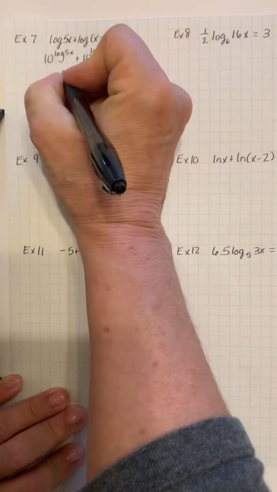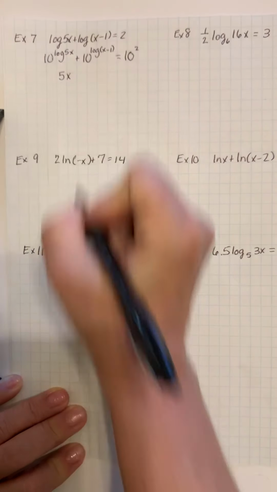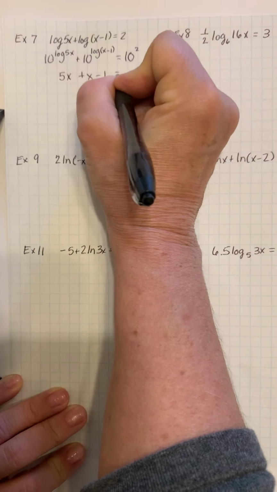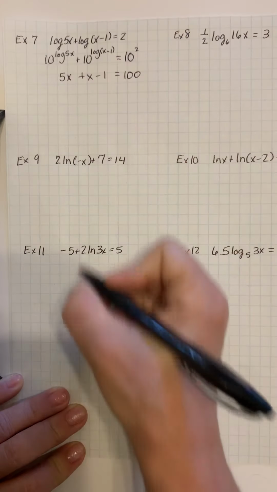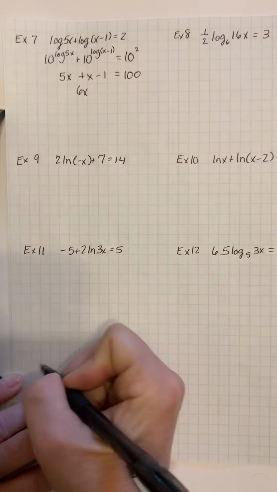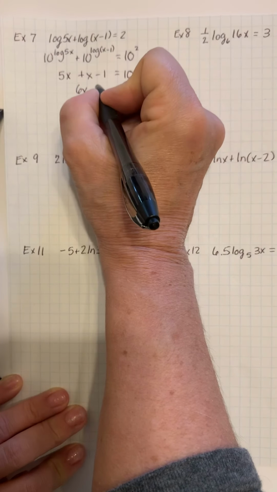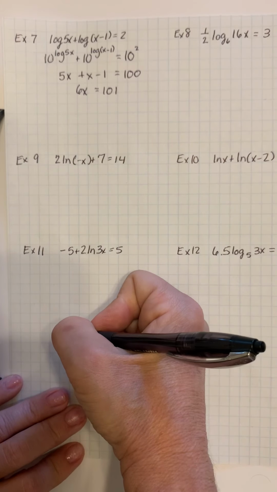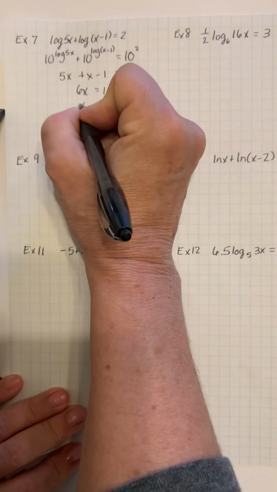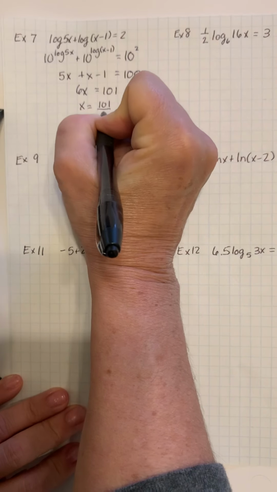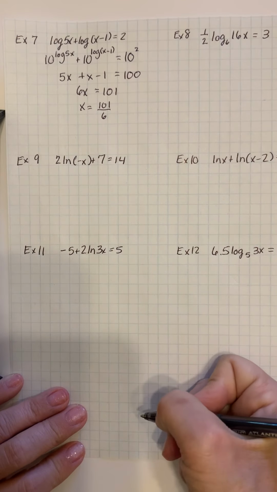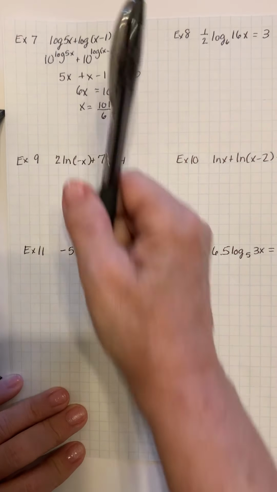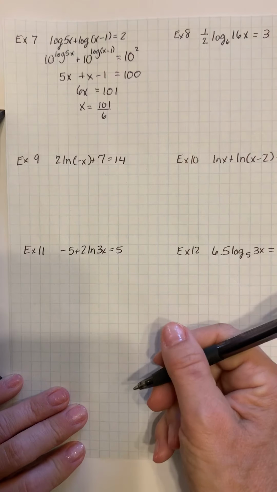These logs undo each other, leaving us with 5x plus x minus 1 equals 100. 6x, we're going to add 1 to both sides, equals 101. And then we would divide both sides by 6. Let's just call this x is equal to 101 divided by 6. You can do that out if you want to. I didn't. And does that make it negative? No, it does not make either one of these negative, so it works.